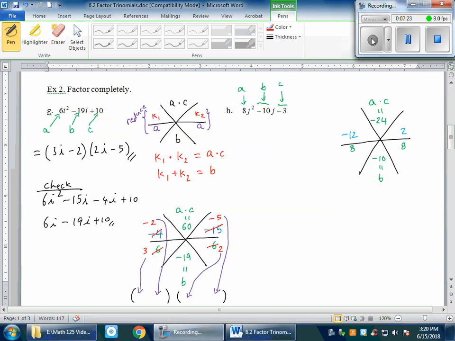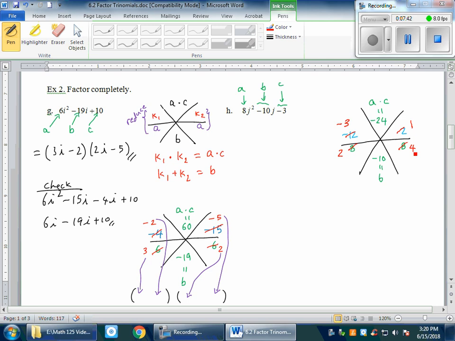So after dividing by A, now we're going to reduce. 4 goes into negative 12 negative 3 times, 4 goes into 8 2 times, 2 goes into 2 1 time, and 2 goes into 8 4 times.